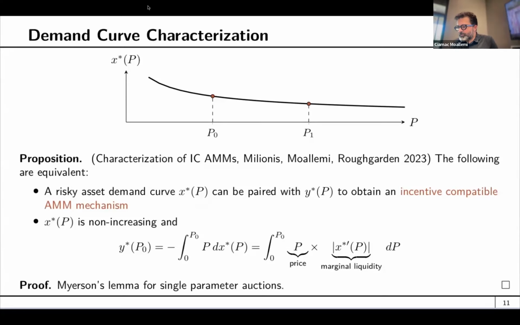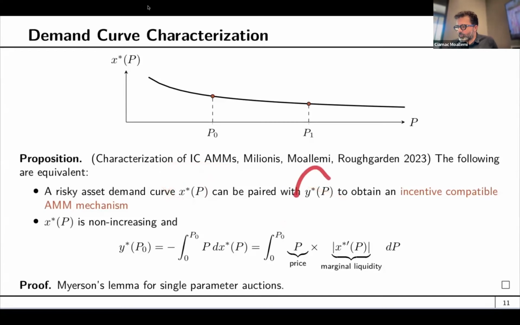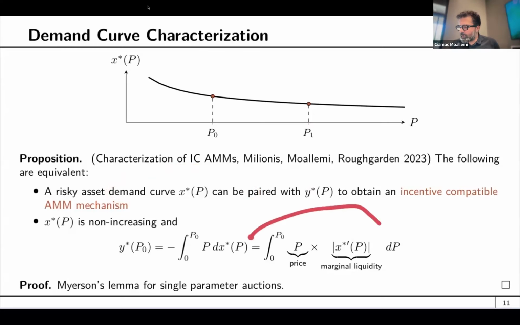They're presented with a menu of options given by X star of P and corresponding payoffs Y star of P. And as we all know, Myerson's lemma says that this mechanism will be incentive compatible. In other words, the agent will declare their true value to the mechanism, so long as the allocation rule, in this case the risky asset demand curve, is monotone, and so long as the payment function is given by a particular form, right?